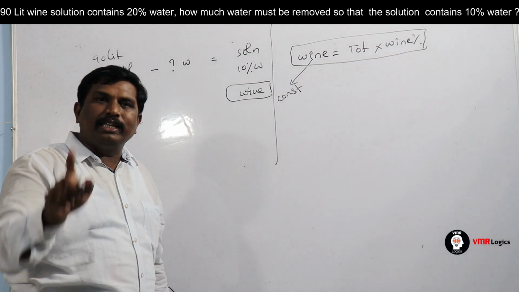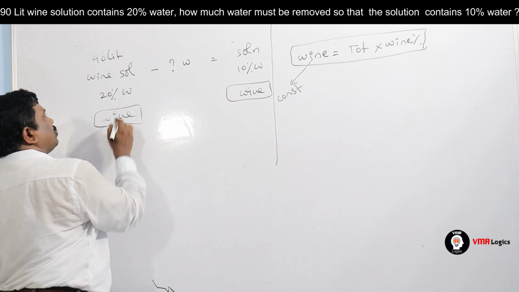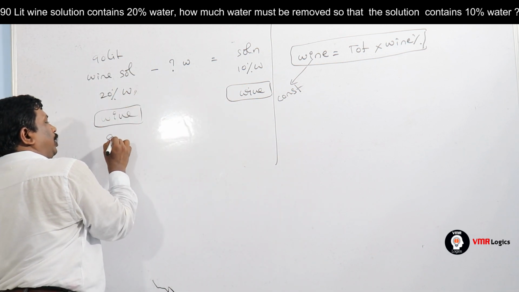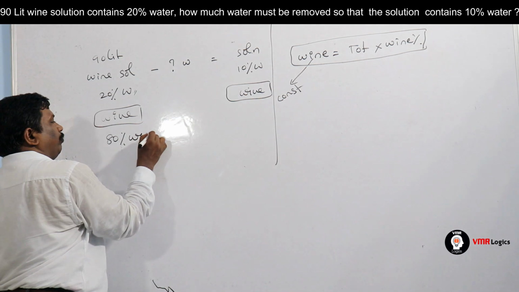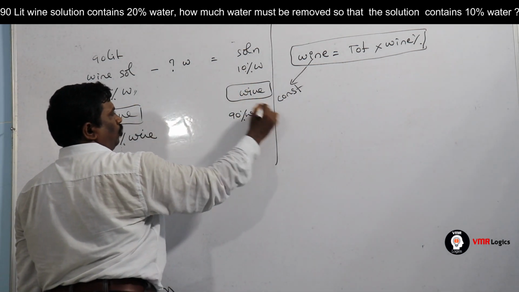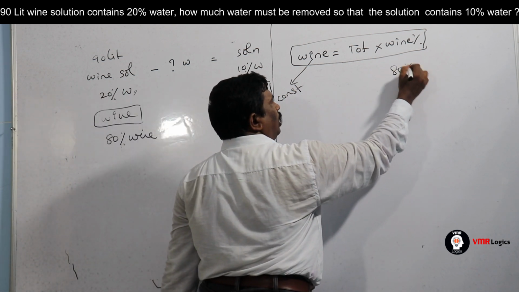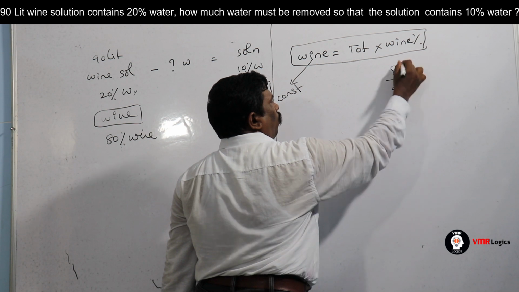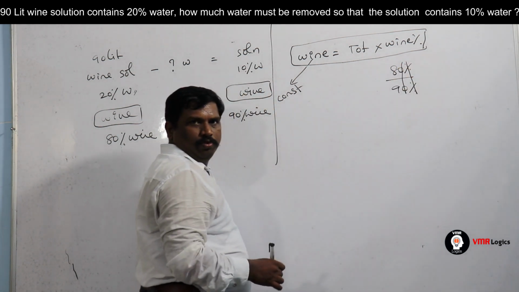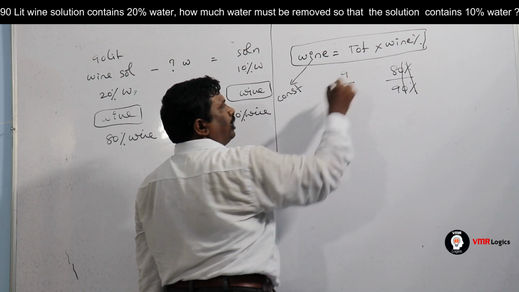each other. Based on that point, initially 20% water indicates 80% wine, and 10% water indicates 90% wine, right? So the wine ratio, if you observe, is 80 initially, later 90. Wine ratio is 8/9. When wine ratio is 8/9, total quantity ratio becomes 9/8.